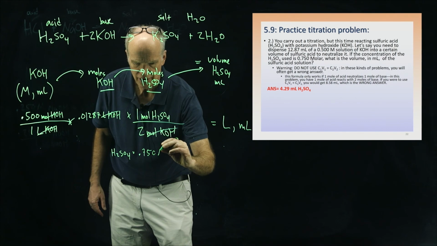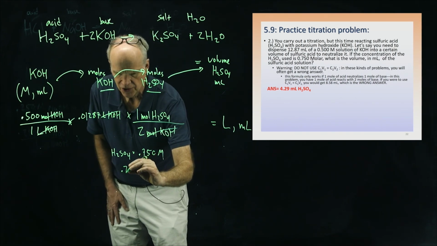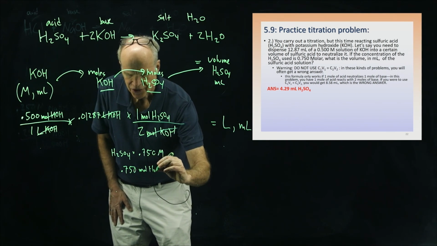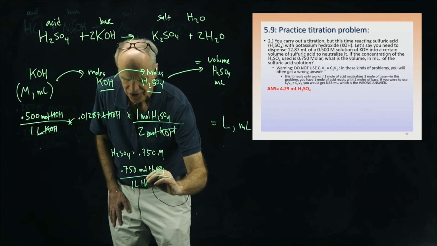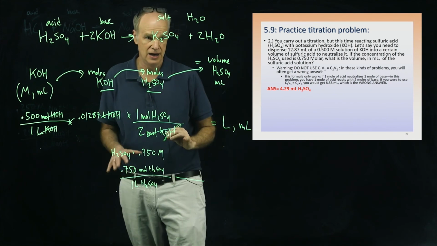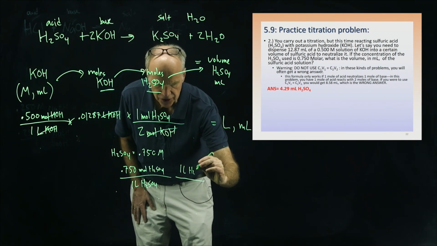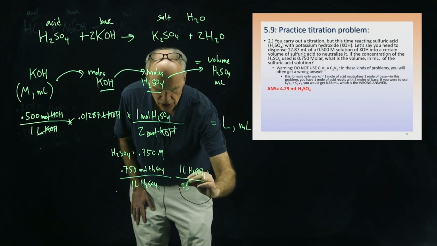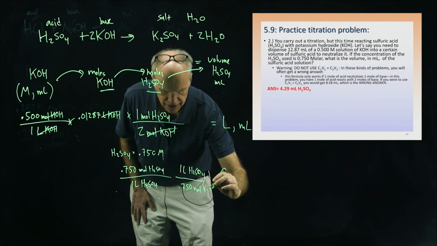H2SO4 is going to be 0.750 molar. So one way you can write this is 0.750 mole H2SO4 over 1 liter H2SO4. Now, if you wanted to, you could write another fraction with this flipped over. So 1 liter H2SO4 over 0.750 mole H2SO4.